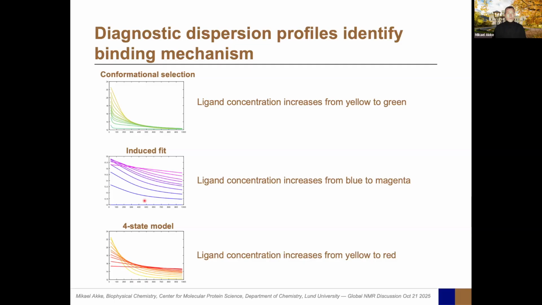Very different scenarios. And in fact, what we have is this: when you fit the full 4-state model, you get this signature, which is clearly different from these two. So that's why you actually can fit the 4-state model. And I should also point out that the difference here between conformational selection and induced fit had also been realized by, for example, Christian Griesinger and Thomas Weichel's group, who had a paper, I think, in Nature Communications a couple of years back.